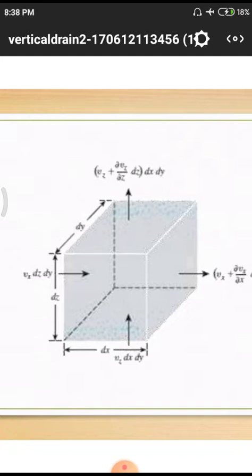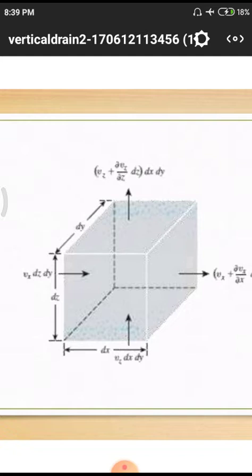Normally force means simply mass acting on the surface, that is, the mass of a body with respect to acceleration is called force. Whereas stress means load acting on a particular surface with respect to area, that is, stress equals load by area. That means Newton per mm square, some quantity of newtons acting on some mm square of area.